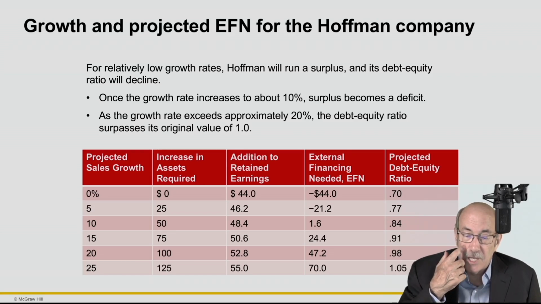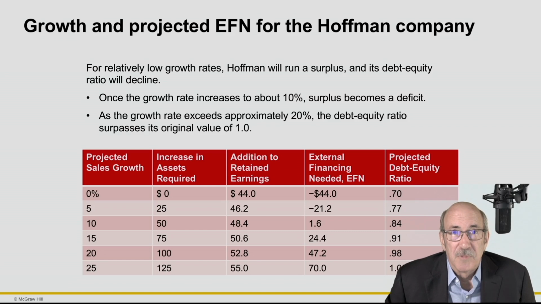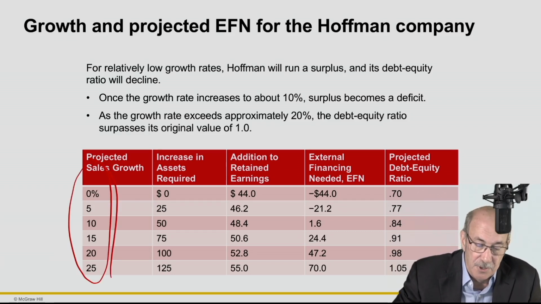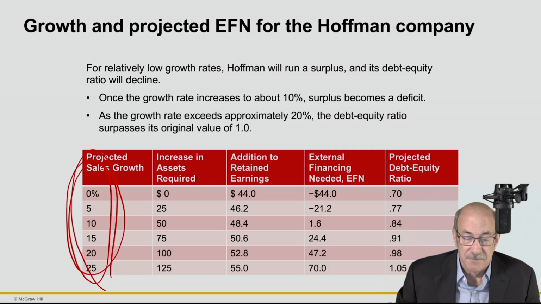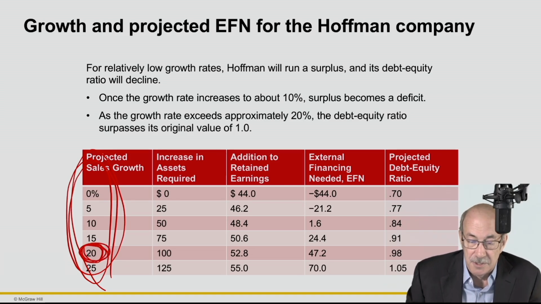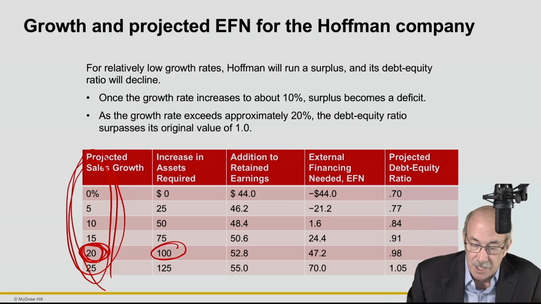We can look at various external financing needs as a function of growth. So here what they've done is they've said, well, let's look at different rates of growth. Here's the one that we just walked through. 20%, assets increased by 100.